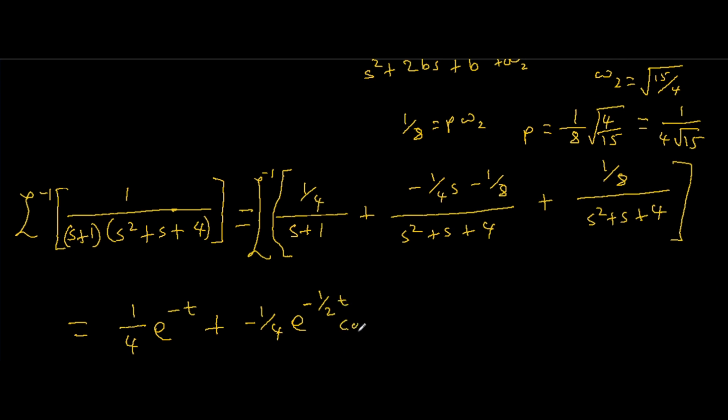Cosine of the frequency is the same, square root of 15 over 4 multiplied by t. And then we now have our sine function here.